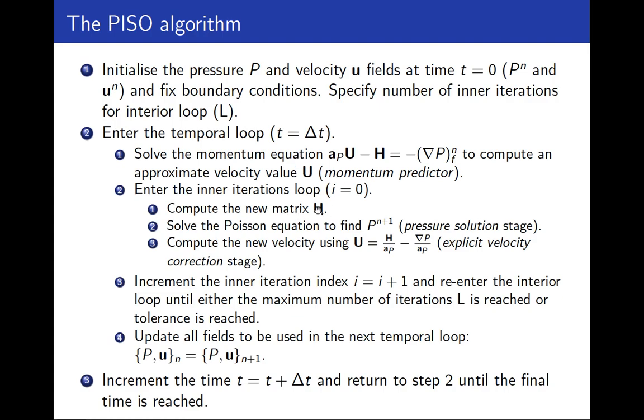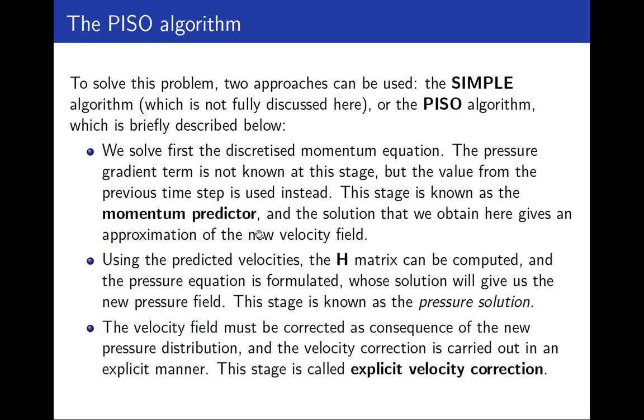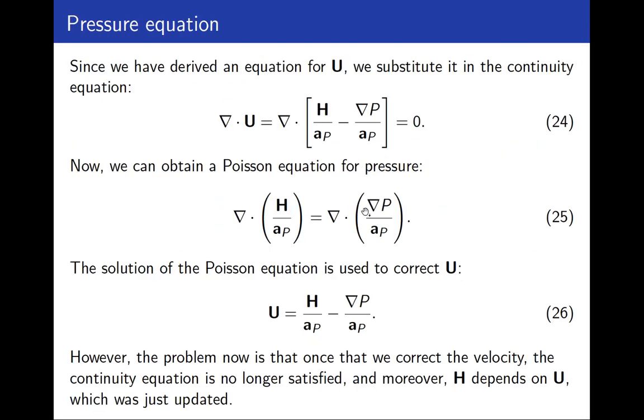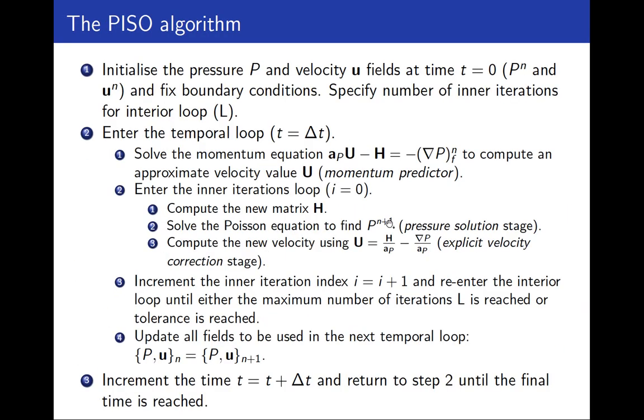And then once you have matrix H, you can assemble the Poisson equation. Remember, using equation 25, you have matrix H, you have the matrix AP, and you solve this equation to find the pressure value at the new time level.